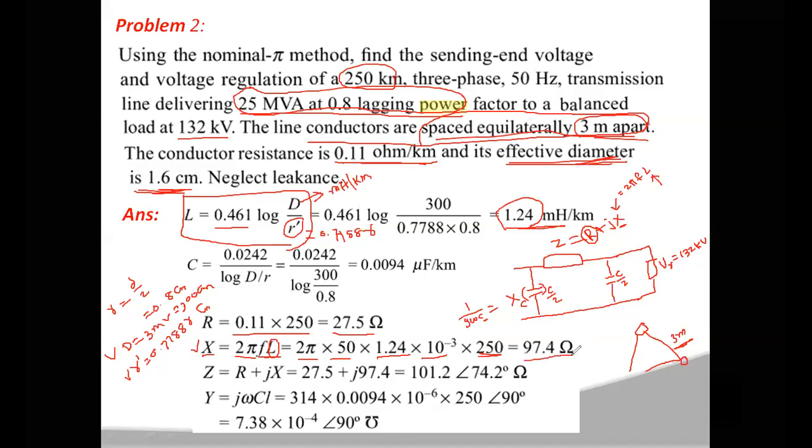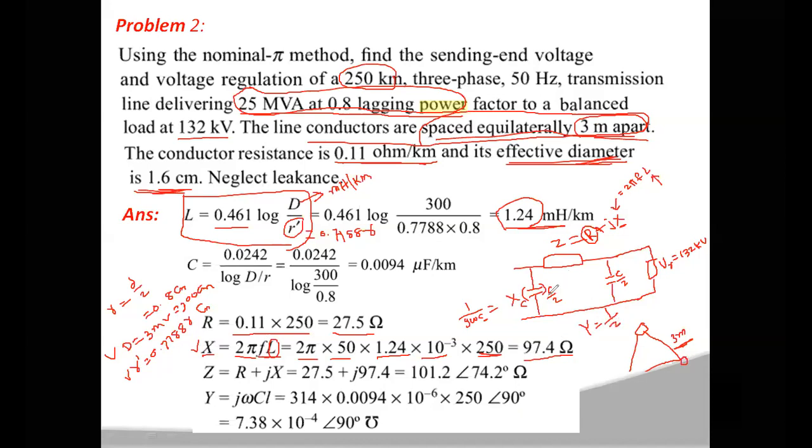In a similar manner, you can calculate the center parameter also, which is C by 2, XC. Generally this center parameter will be represented with Y, the admittance, which is the reciprocal of your impedance.